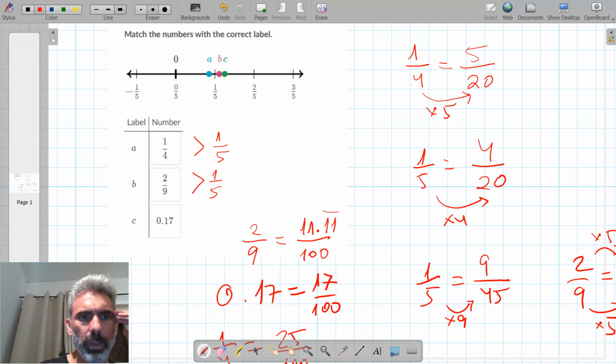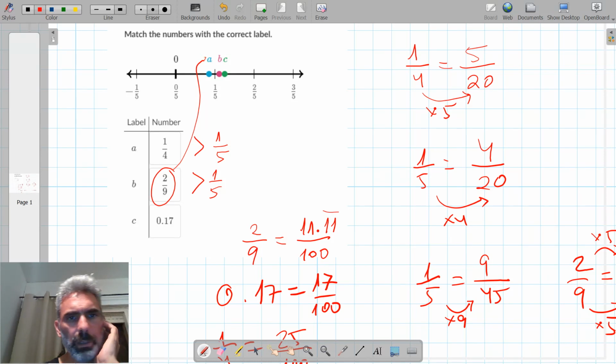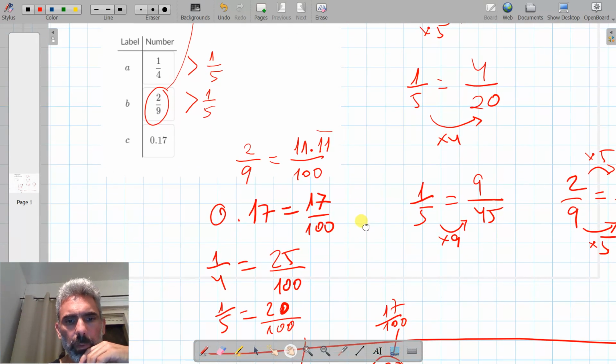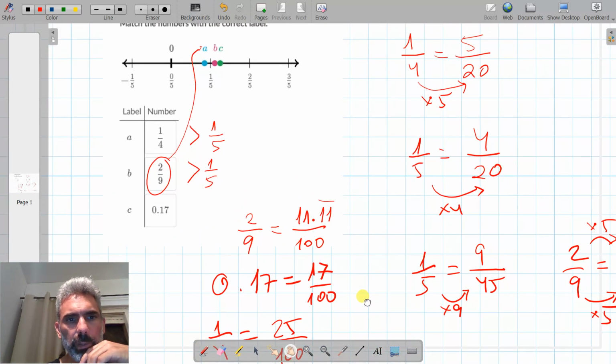A is 2/9 because this is the list number, 11.11. So 2/9 is A. Then I have 1/5. 1/5 is 20 hundredths.